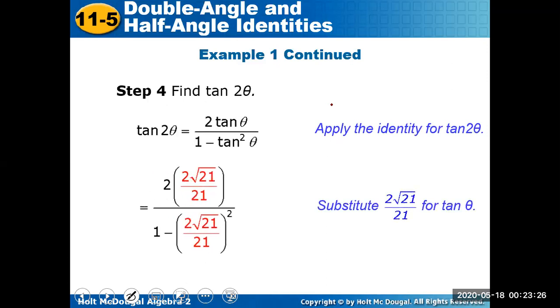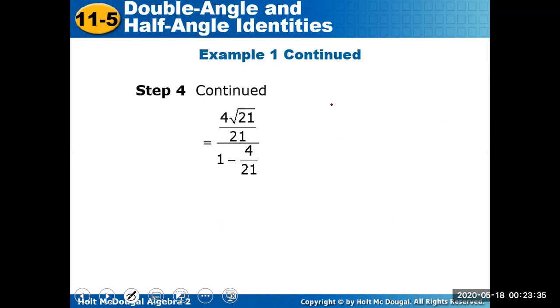So 2, instead of tan theta, I write 2 root 21 over 21, divided by 1 minus 2 root 21 over 21 the whole square, and that will give the final answer as 4 root 21 over 17.